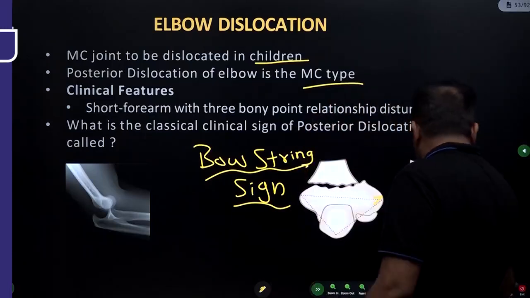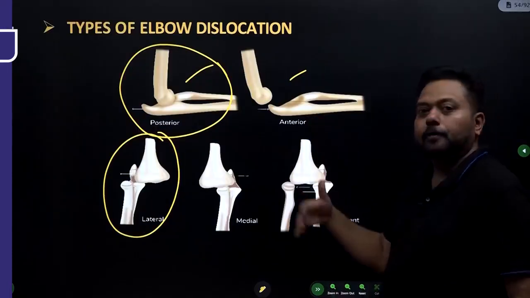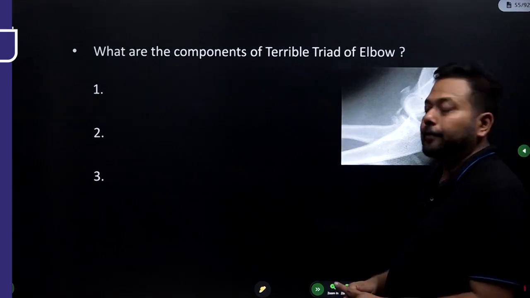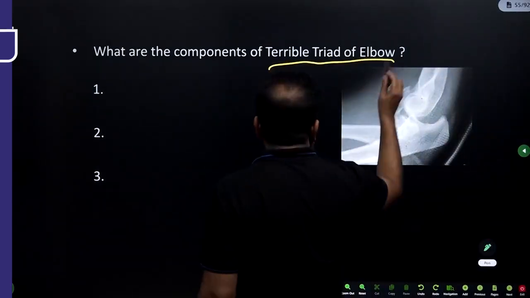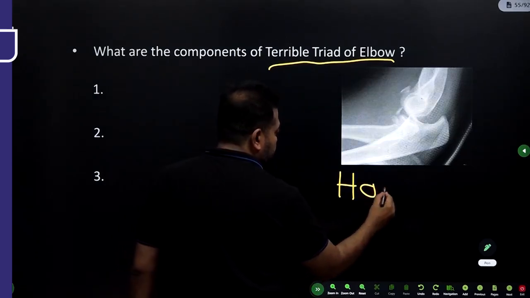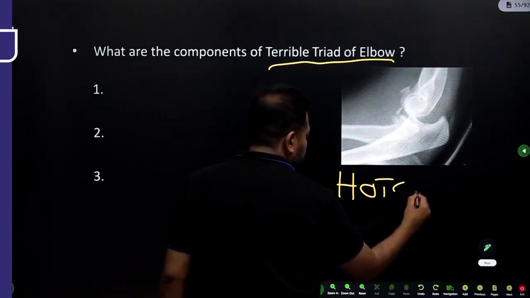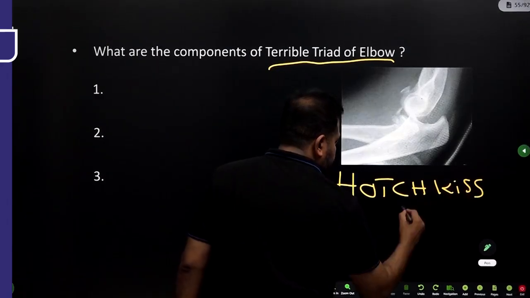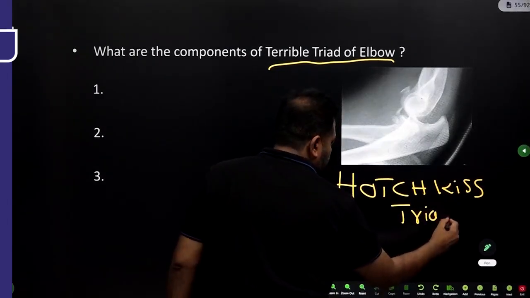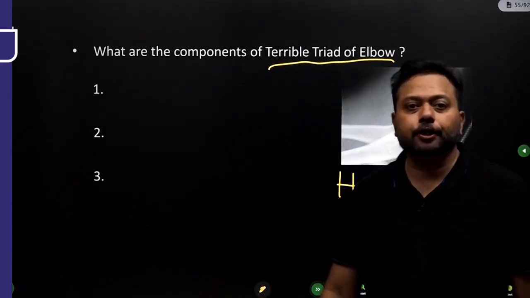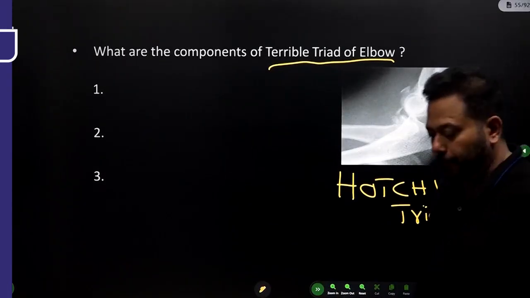Okay, the types of elbow dislocation we have already discussed. What are the components of terrible triad of elbow? The terrible triad or unhappy triad of elbow is otherwise called Hotchkiss triad. What are the 3 components?